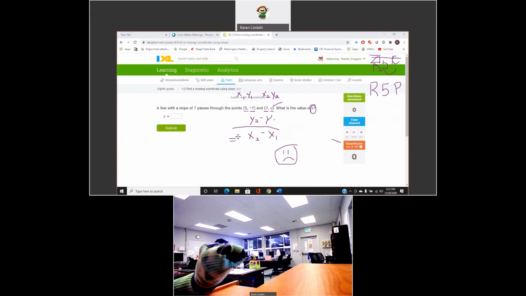Okay. So the slope is going to be equal to the same thing as it was before. And I'm going to fill in these numbers. So y sub 2 is C, and y sub 1 is negative 7, and we have to subtract negative 7. I'll put it in parentheses. It's easier.